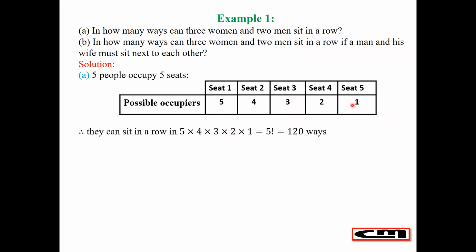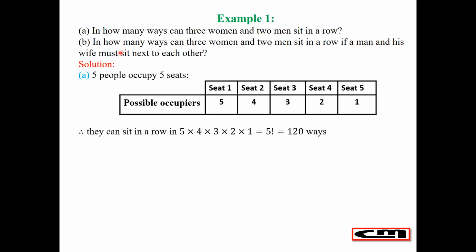That is the fundamental counting principle, right? But this, as it is written, simply means 5 factorial, which is simplified to 120 ways. So this is the solution to number A, and you have seen where the fundamental counting principle comes in.